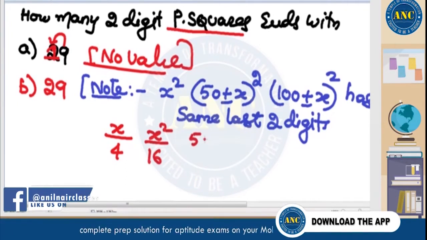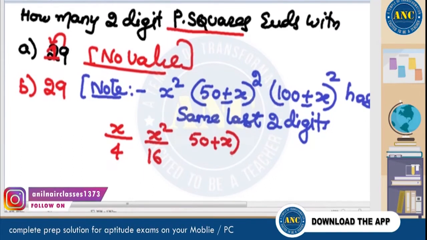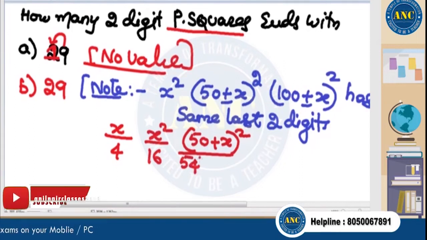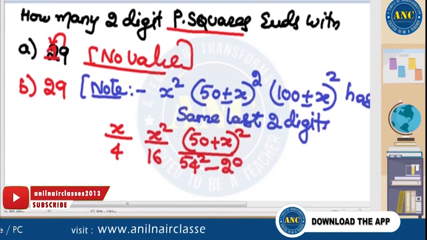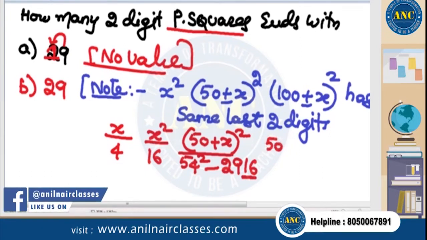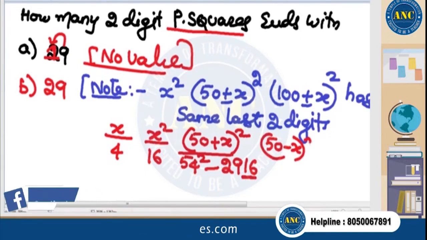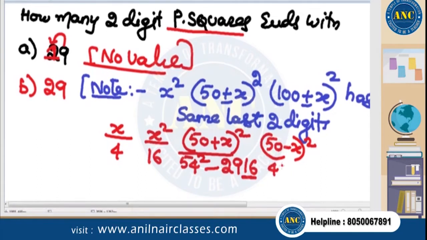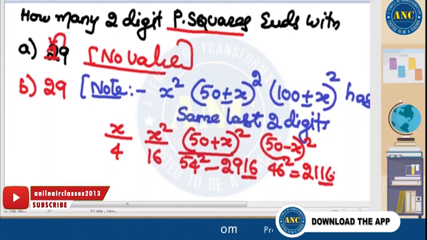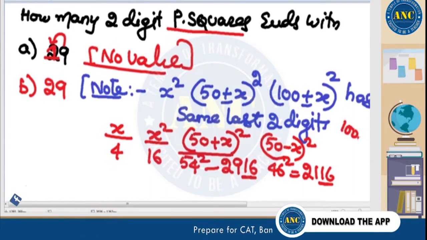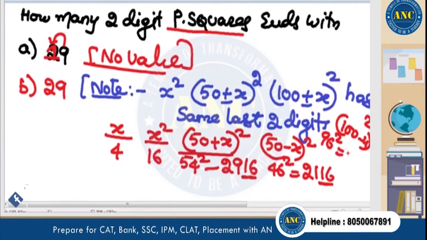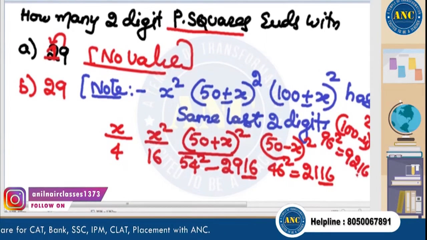I will discuss the proof in my after dinner class. 50 plus 4 is 54 square, which is 2916, and the last 2 digits are the same. 50 minus 4 is 46 square, which is 2116. Again the last 2 digits are the same. 100 minus 4 is 96 square, which is 9216. Again the last 2 digits are the same.